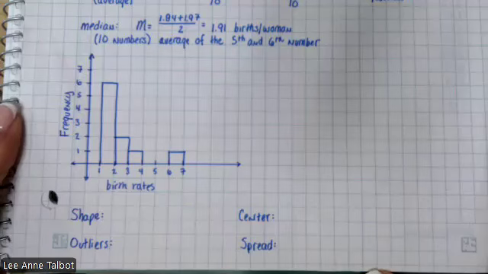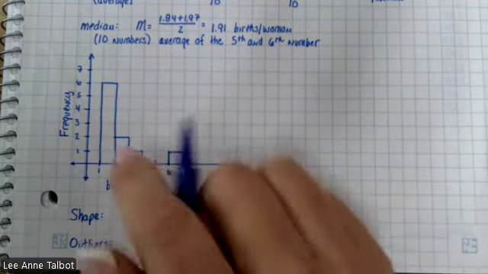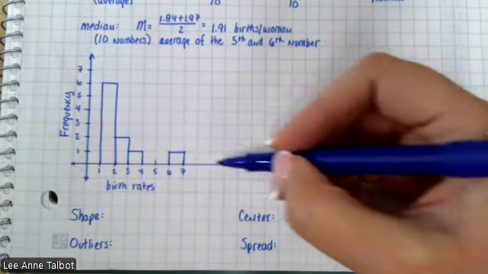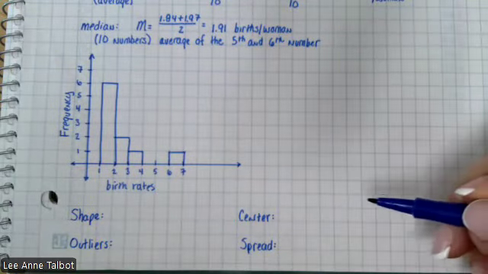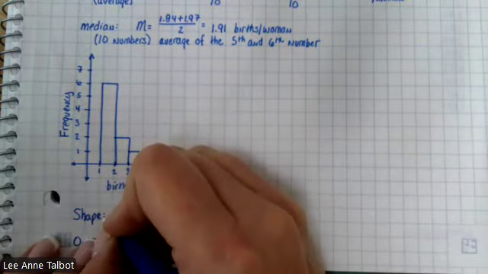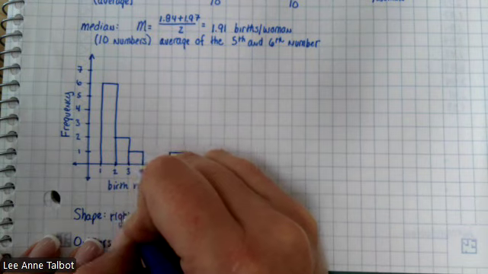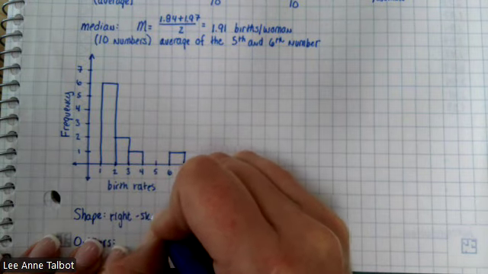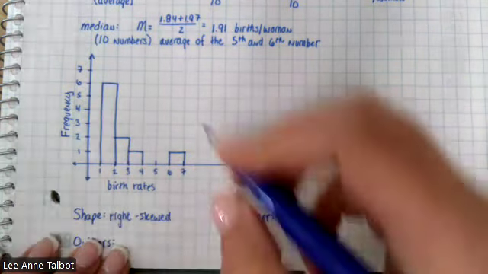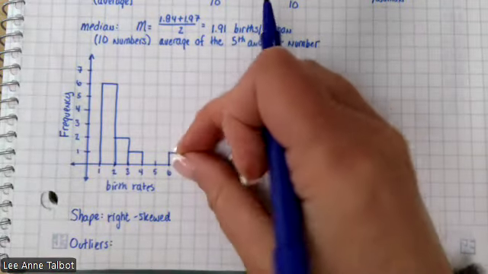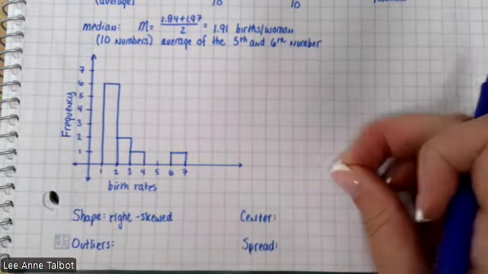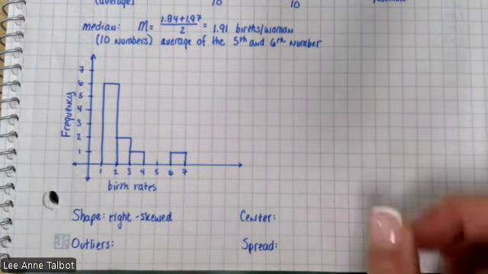The shape of this distribution, notice that the tail is going to the right. So this shape is right skewed. Remember, you're pulling on the graph to the right, that makes it right skewed.